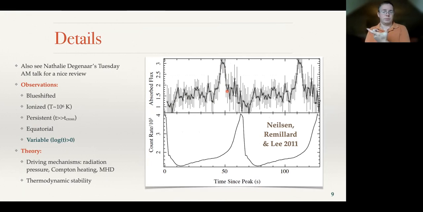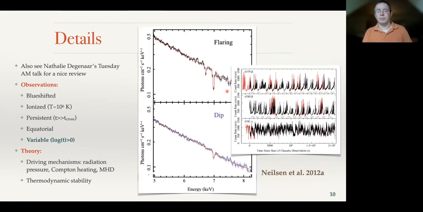When we look at the same system, but at longer timescale variability, looking at oscillations that last thousands of seconds or up to hours, we also see variability on those timescales. So we have variability in wind absorption on timescales of seconds and timescales of hours.